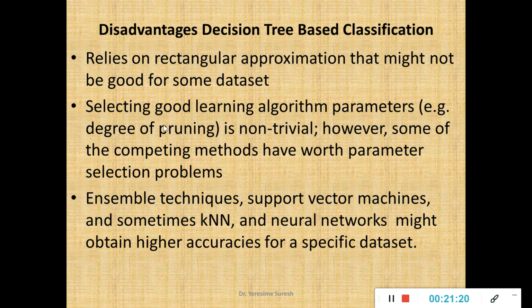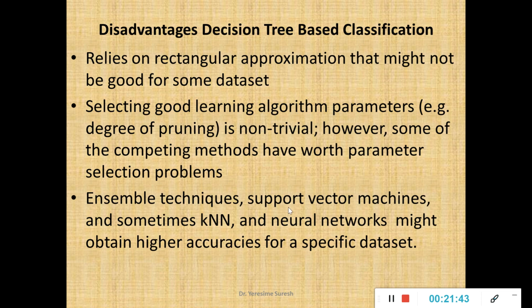That is the drawback. And selecting good learning algorithm parameters, the degree of pruning, which nodes to be removed, is very non-trivial because constructing a decision tree is a trial and error method, a brute force method, a heuristic approach where we keep on trying to see which is the optimal tree possible. So selecting a good learning algorithm becomes difficult.